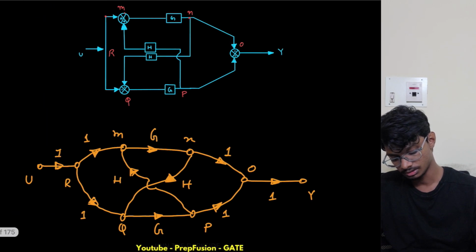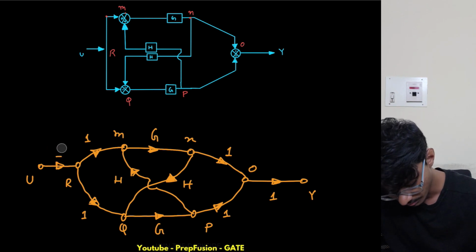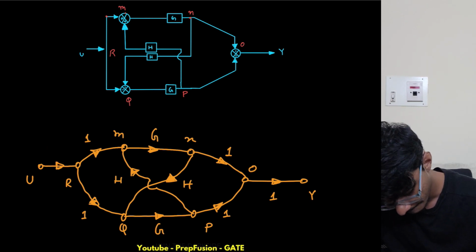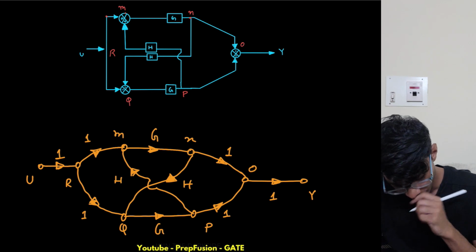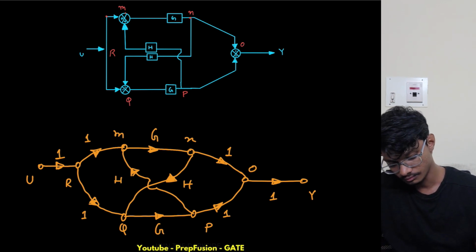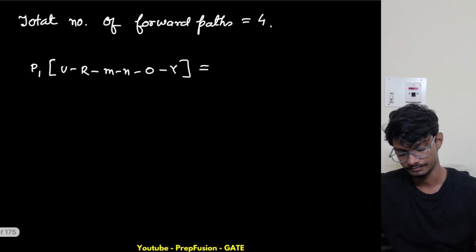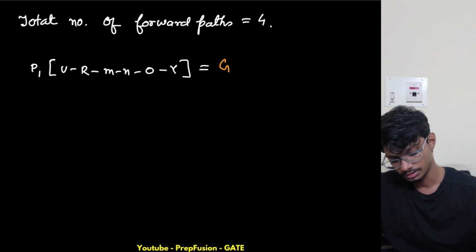Let me write the gain of this path first. This is 1 times G times 1 times 1, so this is G only. Now let me write the gain of the second path.